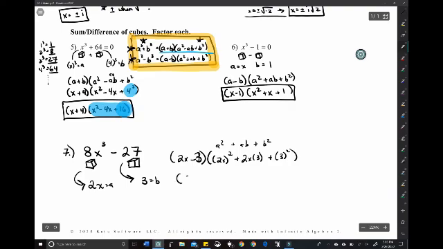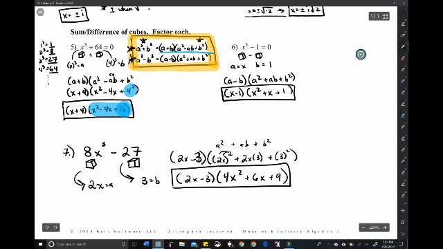As you simplify this, it's 2x minus 3 times 4x squared. Remember, you can distribute that too in this case. Plus 6x plus 9, and that is what it comes out to be.